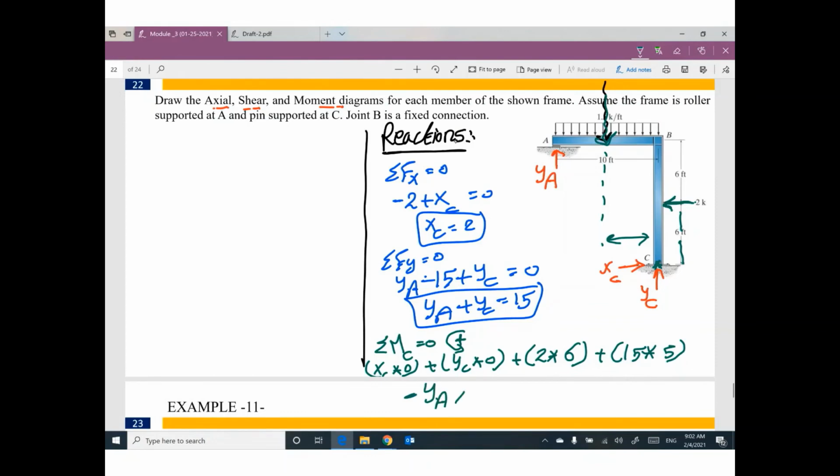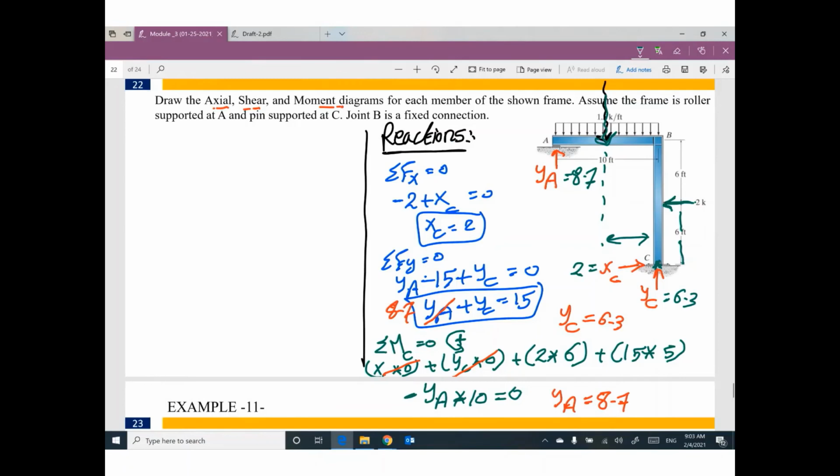Minus YA times 10 equals 0. These terms will be cancelled. The only unknown is YA: 8.7. If you put YA 8.7, we can get YC equal 6.3. So finally, YC equals 6.3, XC equals 2, YA equals 8.7.